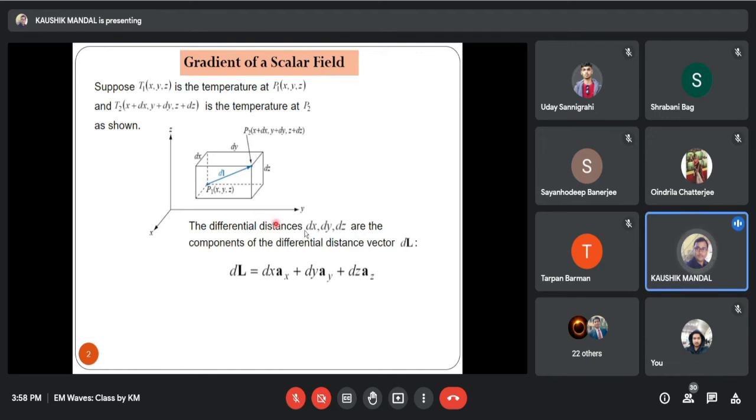Due to these differential distances dx, dy, and dz, what will be the differential distance vector? We can write the expression for dL, the differential distance vector, equal to dx ax plus dy ay plus dz az, where ax, ay and az are the unit vectors along the x, y and z axes respectively.